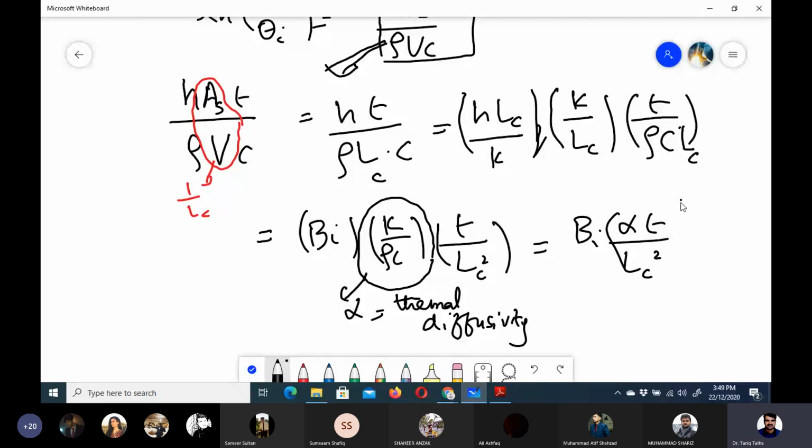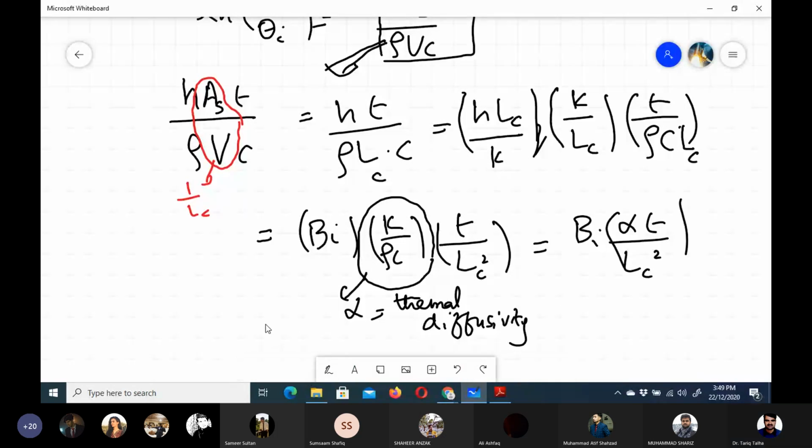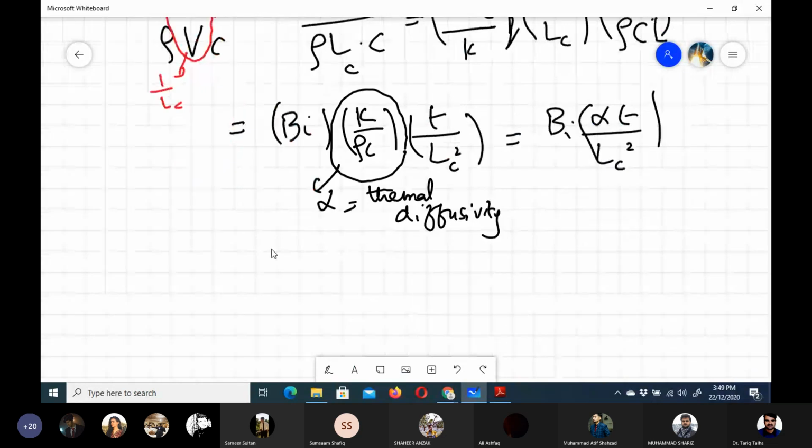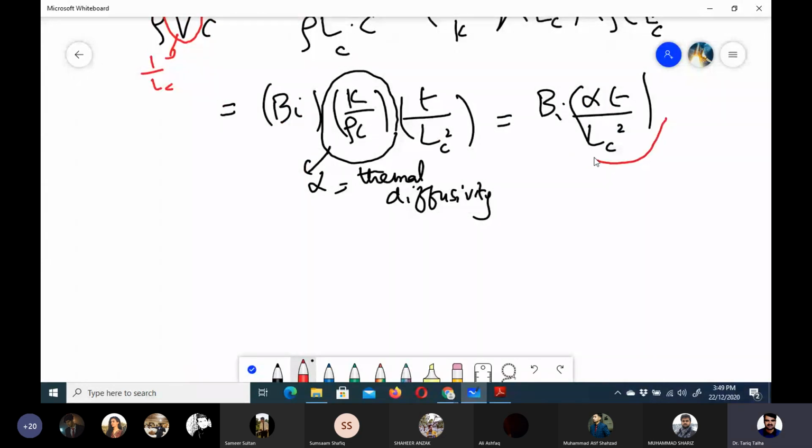And this quantity, alpha t upon Lc square, that is the Fourier number.